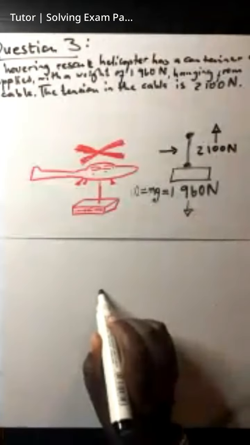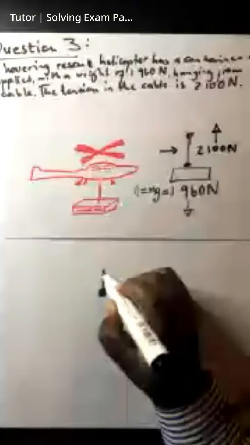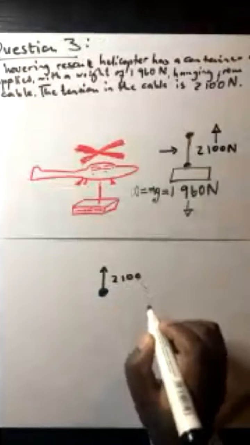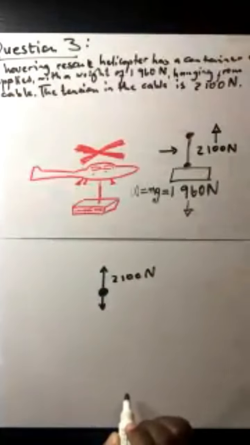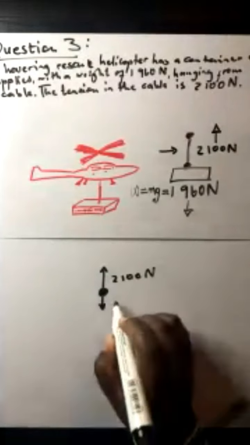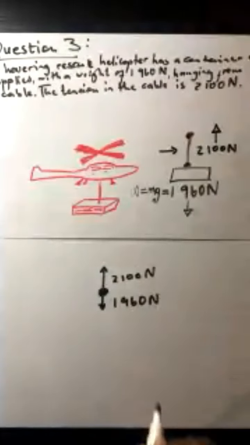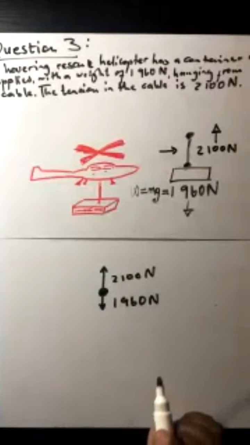So that means we've got a container over there, guys. We've got tension in that direction, which is 2,100 newtons. And again we've got the weight, which has a magnitude of 1,960. So here comes a question, guys.